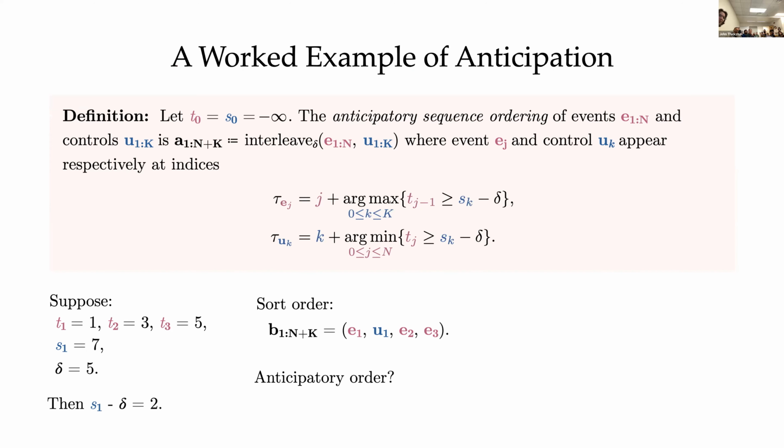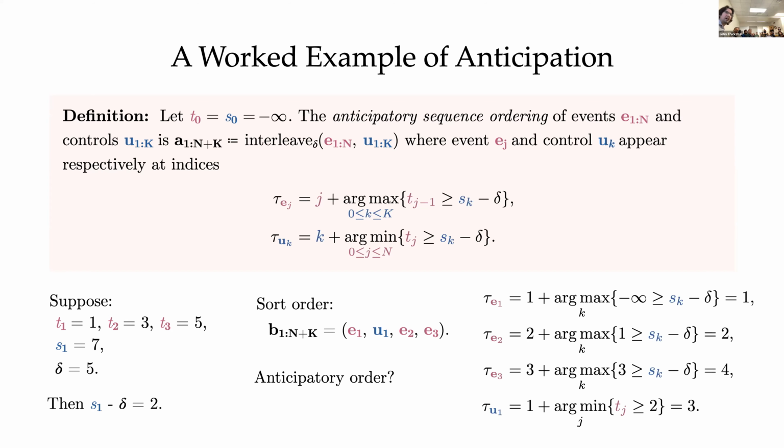I have an example worked out here, but in the interest of time we can leave it. If anyone is curious to work out the math of where tokens go in sequences, you can take a look at this slide later at your leisure.